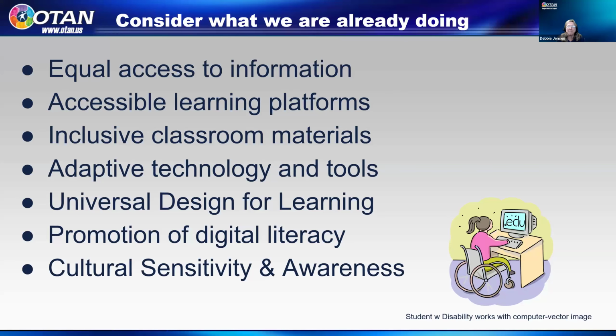Equal access to information. This includes alternative formats like digital text, audio, speech to text, and other ways around text to speech. Accessible learning platforms. These include screen readers and keyboard navigation. Inclusive classroom materials. So the videos are captioned and the images have alternative text. Adaptive technology and tools.